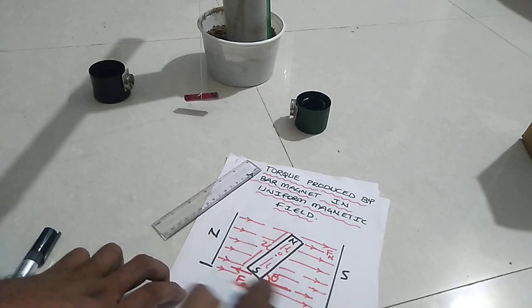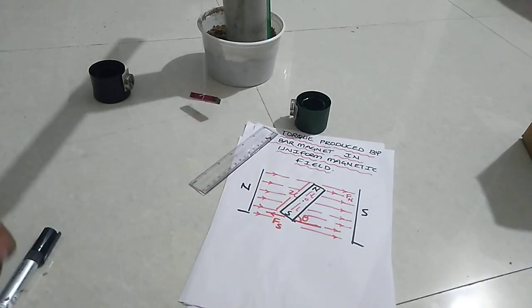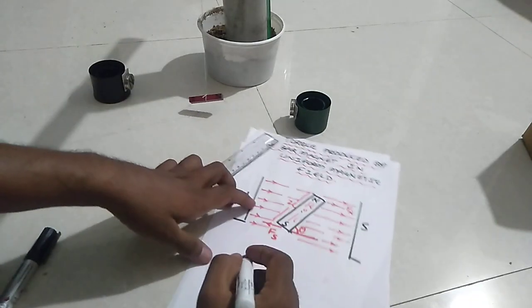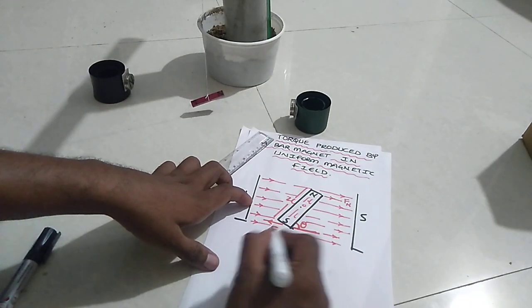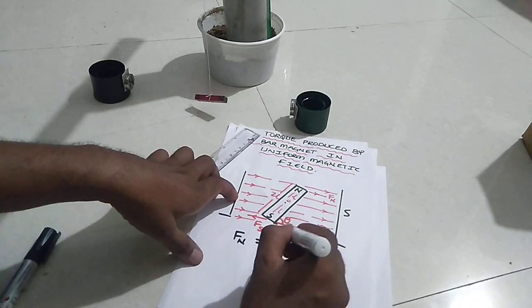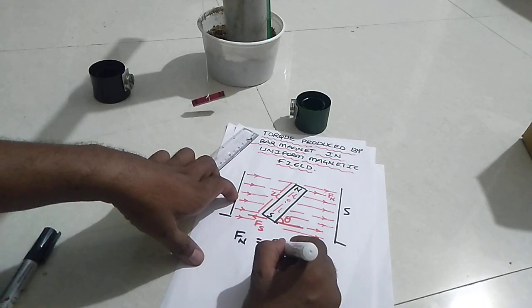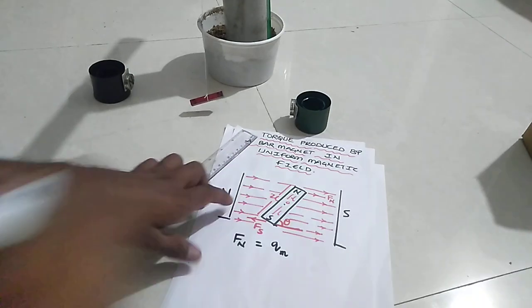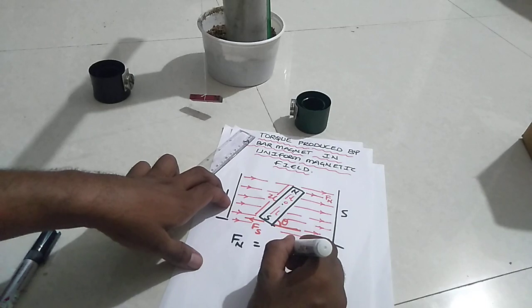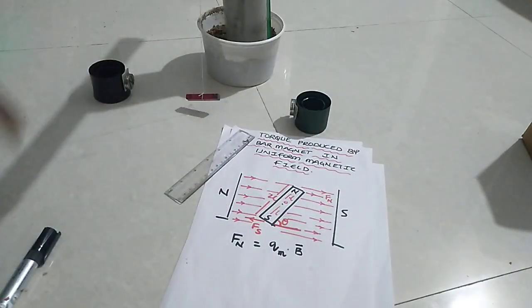Now you have to calculate the force. What is the formula for the force? The force due to the north pole is the product of Qm, that is the pole strength, into the magnetic field.